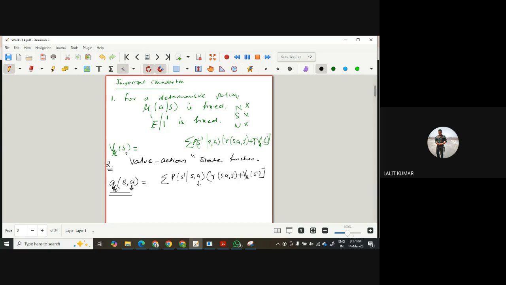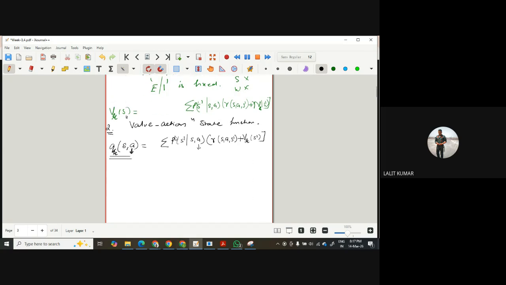For example, I take the same example. I have a 4 grid, 1, 2, 3, 4, and this is my terminal. The policy says that I can move north, south, east, west, each with 0.25 probability. But when I consider Q pi S and only the action north, I take north first, and after that I take actions as per the policy.